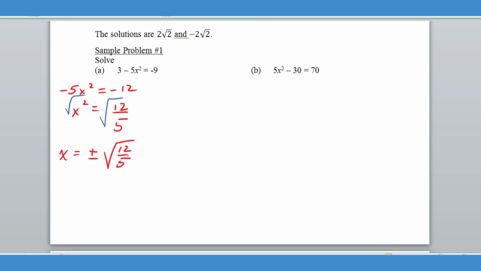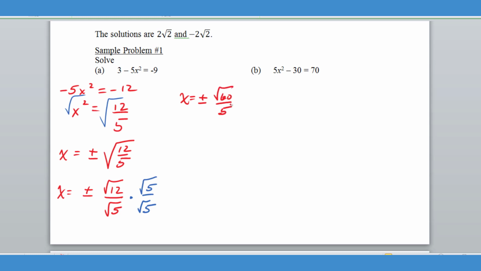Now, if you recall from simplifying radicals, we cannot have a fraction underneath the radical, so I can simply break that apart. And then we run into another simplifying radical rule that says we can't have a radical in the denominator, and so hopefully you remember how to rationalize the denominator, and that's going to give us x equals plus or minus the square root of 60 over 5.